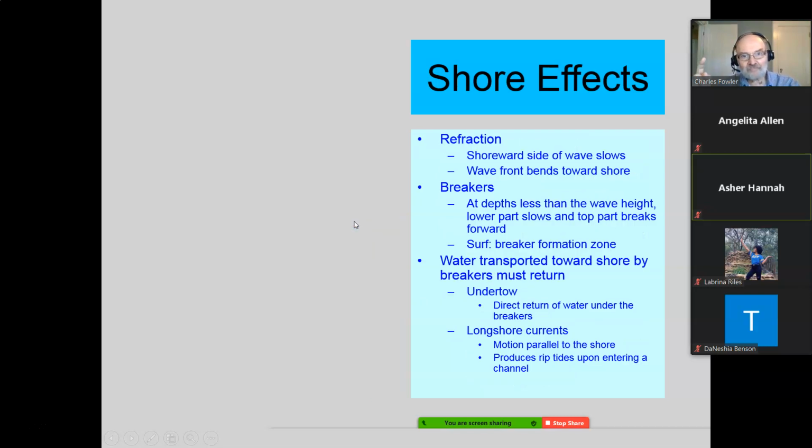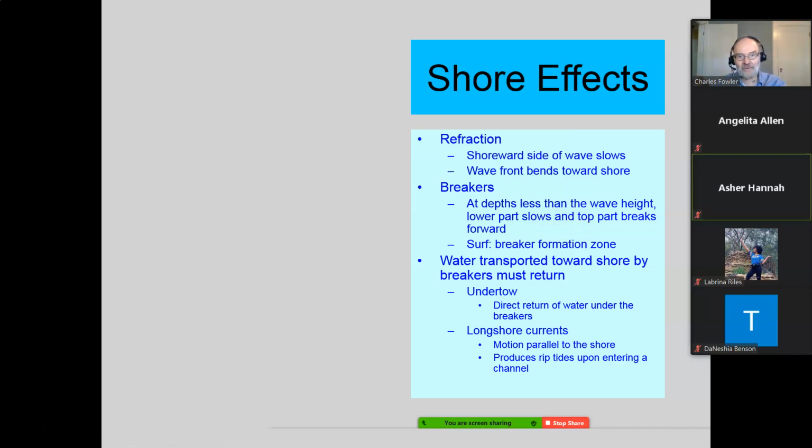Now, when the wave comes into shore, shore goes down like this, and the wave comes in here. The wave height is this. All along here it's fine, but when the shore depth gets less than the wave height, the lower part slows down, the top part breaks forward, and that's called your breaker.